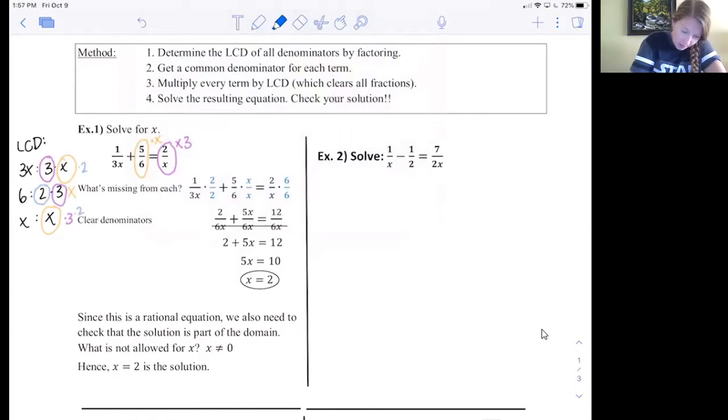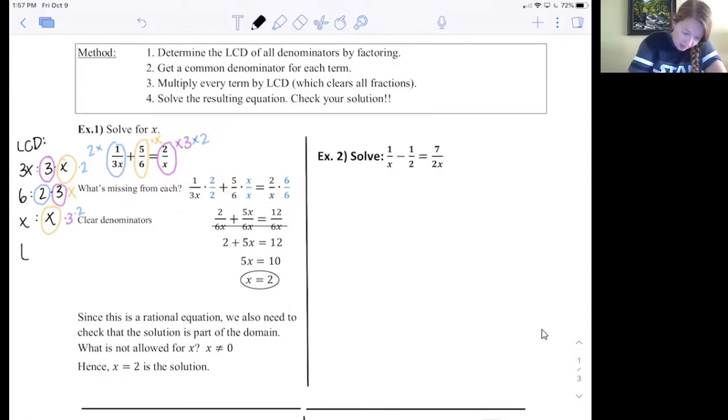And then the x multiplied by 2. So if we look here, they're timesing this by 2, timesing this by x, and timesing this by 6.